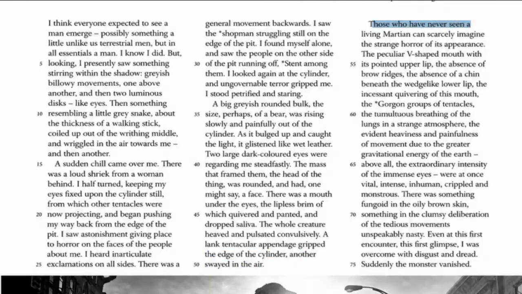Those who have never seen a living Martian can scarcely imagine the strange horror of its appearance. The peculiar V-shaped mouth with its pointed upper lip, the absence of brow ridges, the absence of a chin beneath the wedge-like lower lip, the incessant quivering of this mouth, the gorgon groups of tentacles, the tumultuous breathing of the lungs in a strange atmosphere, the evident heaviness and painfulness of movement due to the greater gravitational energy of the Earth.